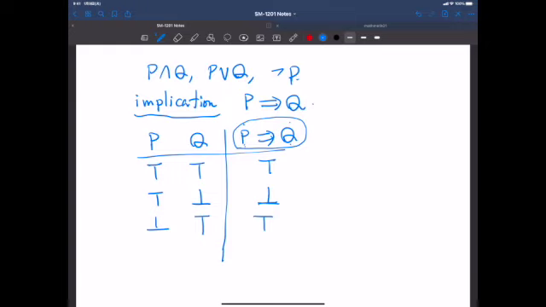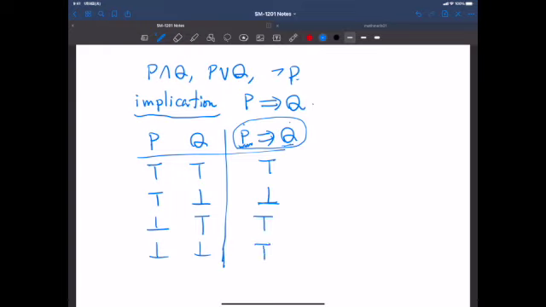This we define to be true. If the premise, this assumption is wrong, if it's false, then anything can be true. So even if Q is true, even if P is false, this is defined to be true. And if both P and Q are false, then this is again true.